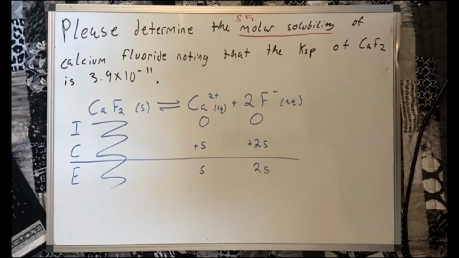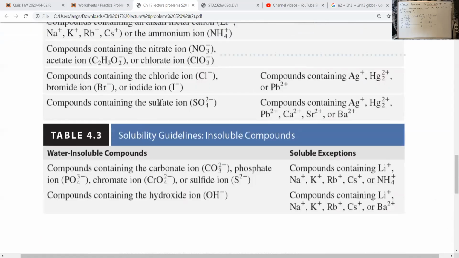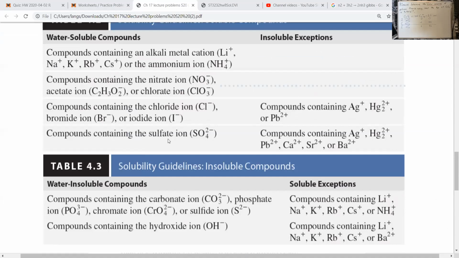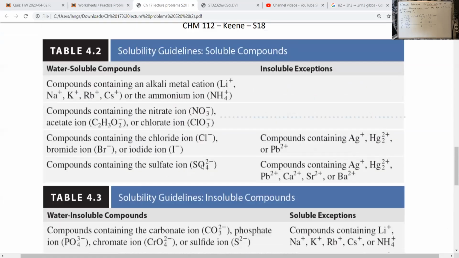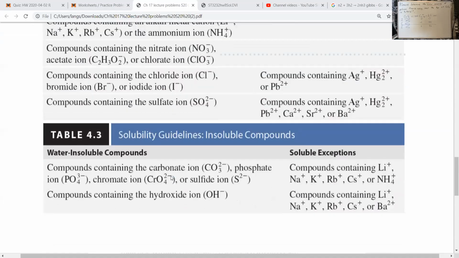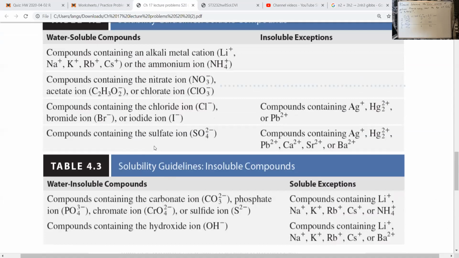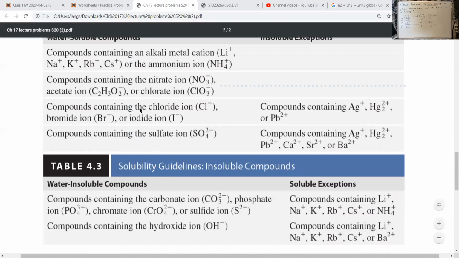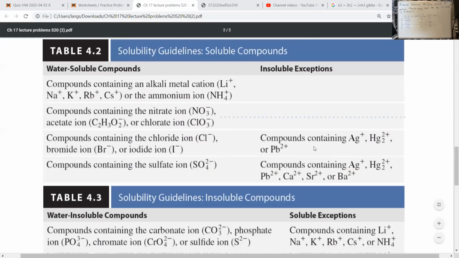I think he put it on here. Where are my halogens? Compounds containing those, yes.